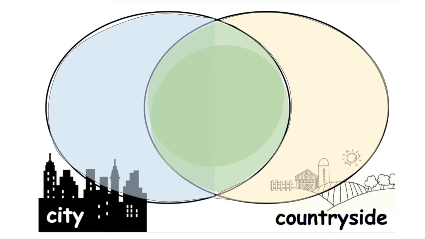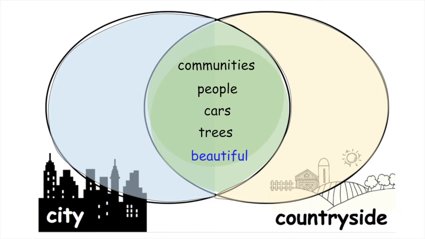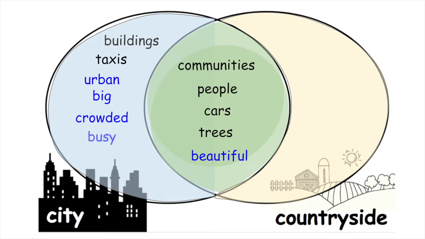In the middle, we wrote communities, people, cars, trees, and beautiful. So these are the things that are the same. On the city side, we wrote buildings, taxis, urban, big, crowded, busy, noisy, and dirty.